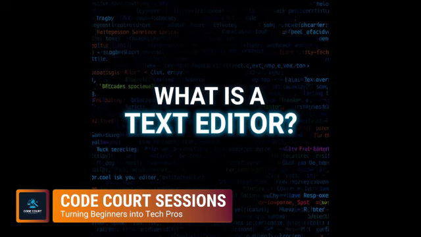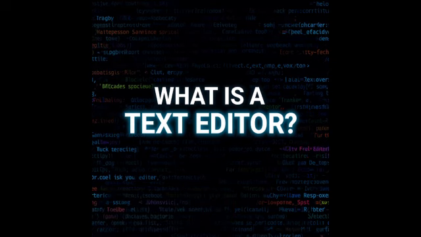A text editor is a software, okay? A text editor is a software application that allows you as a person to create and modify plain text, unlike a word processor. With a word processor, you can make text bold, italic, or underlined.